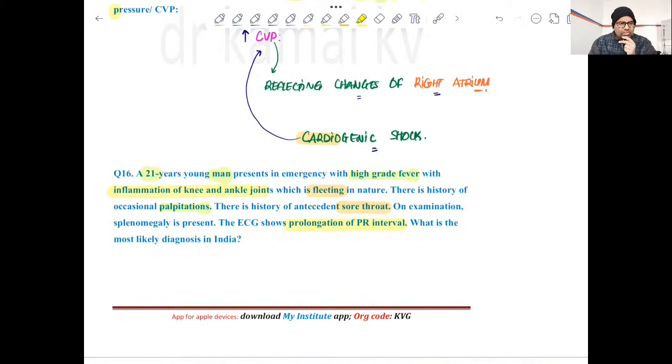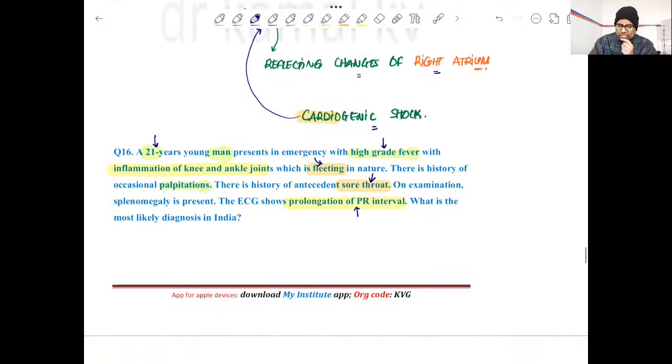I think this is a very good case, Avinash. This is because of left ventricular failure or left heart failure. Now, I think this is a classical case. Like here, a young male with fever, then fleeting joint pains, then past history of sore throat, and prolongation of PR interval on ECG.